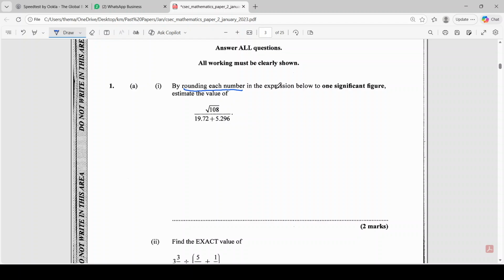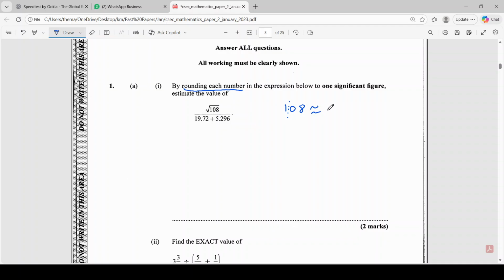So we want to round each number in the expression to one significant figure. So 108, rounding to one significant figure. This is your first significant figure, so you draw a line here. The next digit is less than 5, so we don't add anything to this.